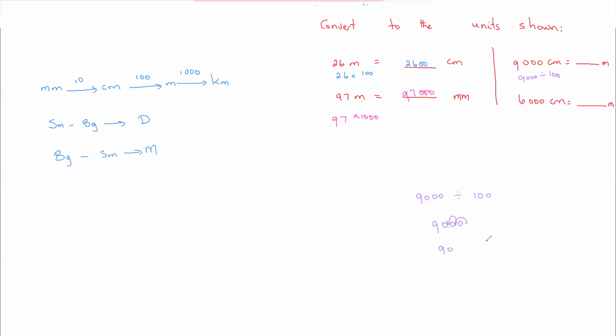So we have 90. Or if you find that way confusing, you can write 9,000, divide, you can write it like this, by 100, and we can cancel out the zeros. And we get 90.